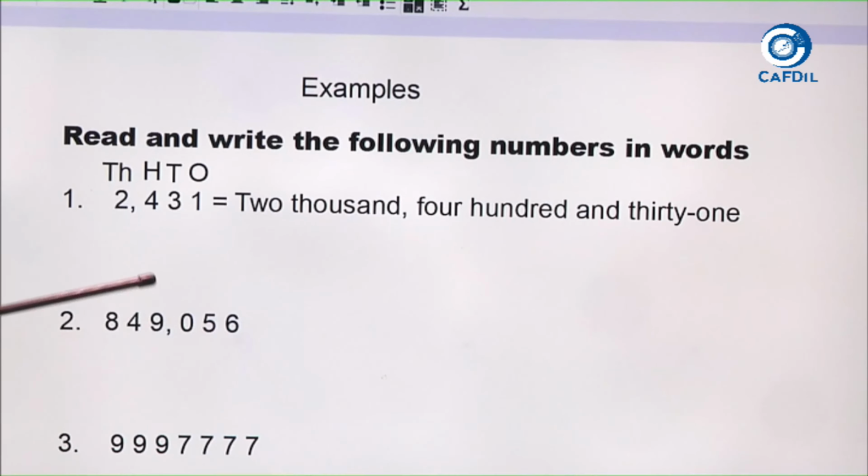What is the group name? Thousand. So 849,056. Because here under the hundreds, it is 0. So we move to the tens and then ones. 849,056. That is how it is being read.